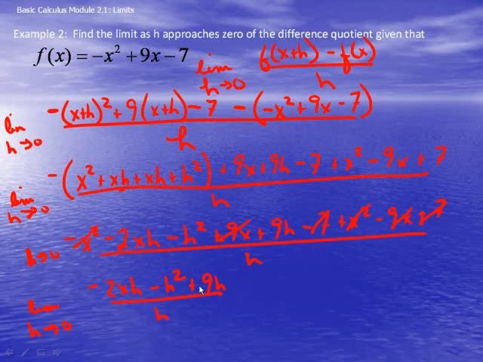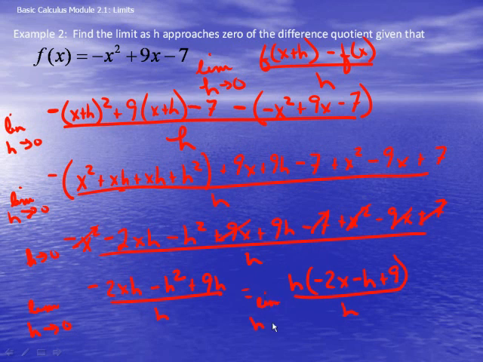Now notice that all three of the numerator have an h in them, so I'm going to factor out an h. So it'll give me minus 2x minus h plus 9 over h, and we're going to do that as the limit of h approaches 0. Notice these two h's cancel, and we are dealing with a polynomial up here.